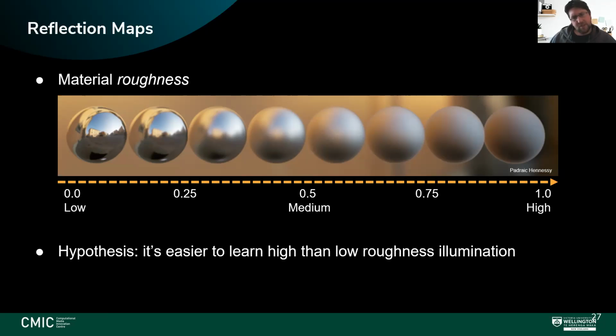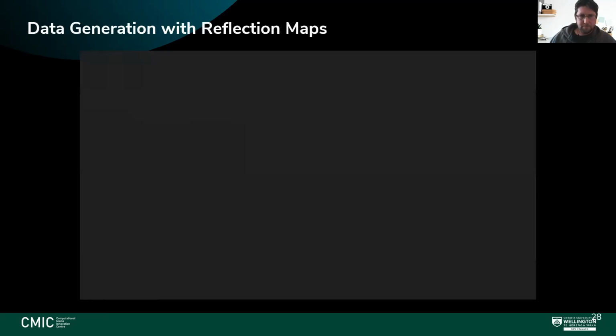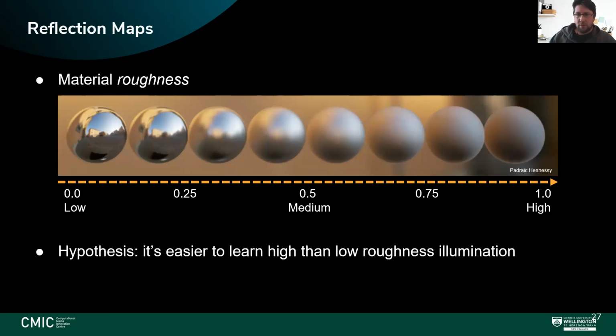So the idea is that we're going to train a network first to learn about the diffuse sphere, and then introduce these glossy spheres and gradually work towards the mirror sphere, where it's got lots of detail to learn. So that's the concept. And now we're learning these panoramas, when they convolve like this, they're called reflection maps. So instead of learning radiance maps, we're learning reflection maps.